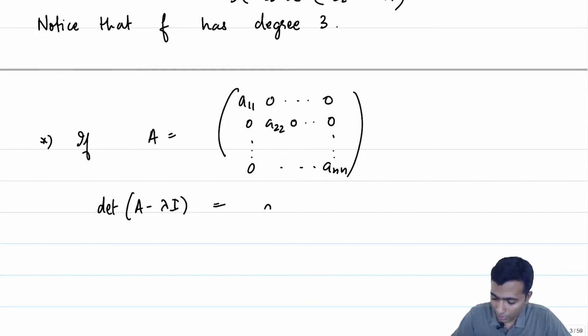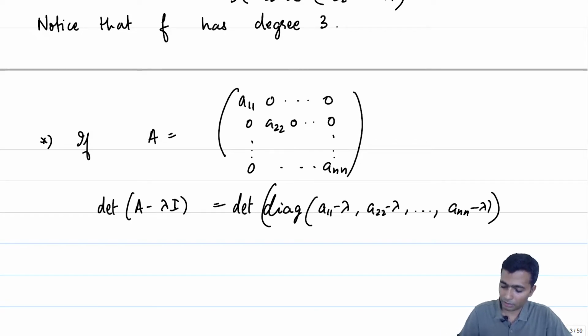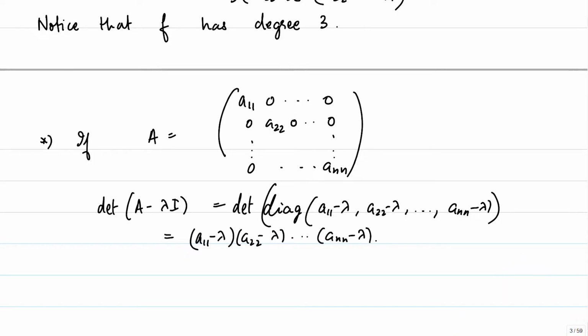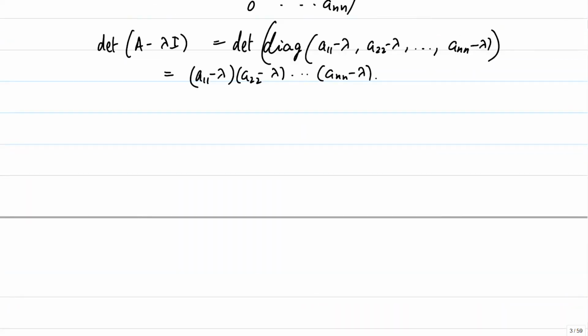This is the determinant of the diagonal matrix with entries A11 minus lambda, A22 minus lambda, up to ANN minus lambda. This is just the product of these entries: A11 minus lambda into A22 minus lambda, up to ANN minus lambda. So for diagonal matrices we can very easily compute the characteristic polynomial.